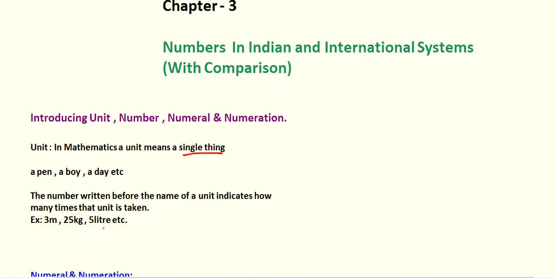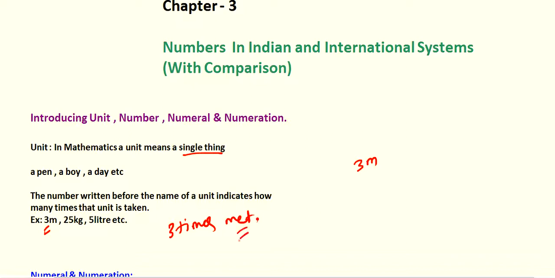Then the number written before the name of unit indicates how many times that particular unit is taken. For example, 3 meter, as it is given here, that means 3 times meter is taken.